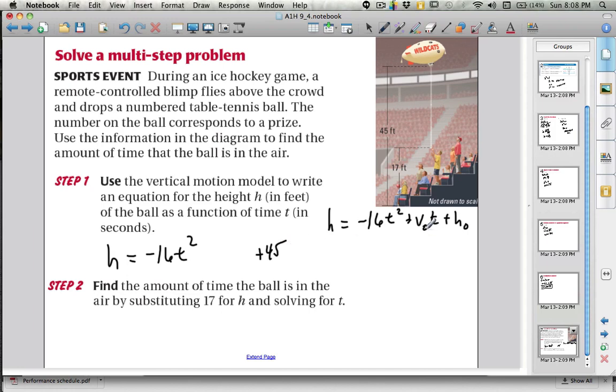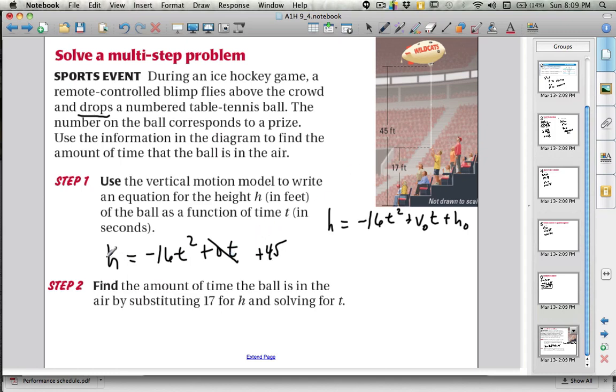And when we think about the initial velocity, they're dropping the ball, meaning it's stationary and then they let it go, so its initial velocity is 0, 0t. So what you find in these models is that the middle term, when you're dropping an item, is going to drop out.